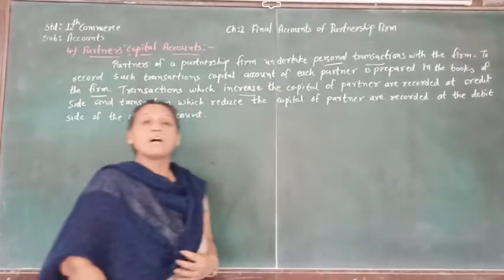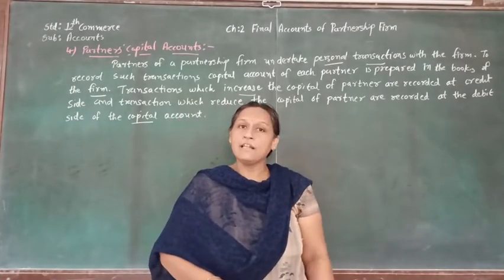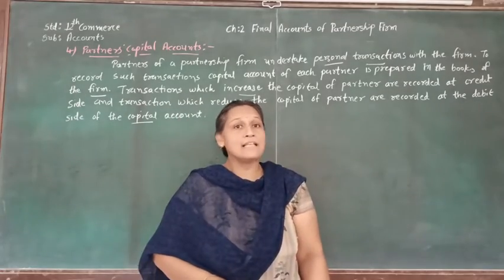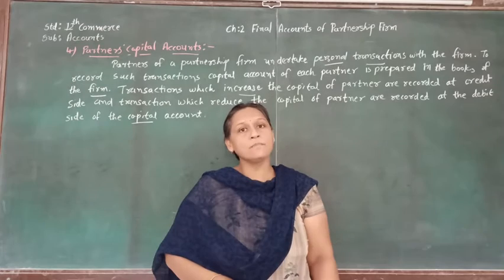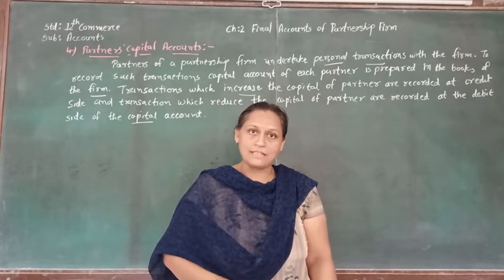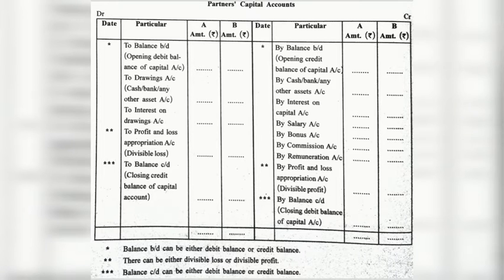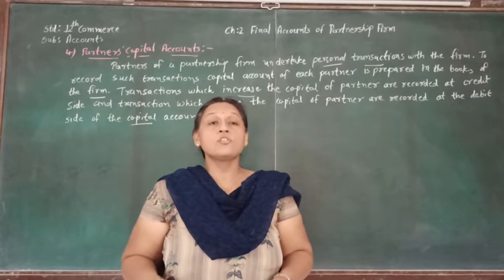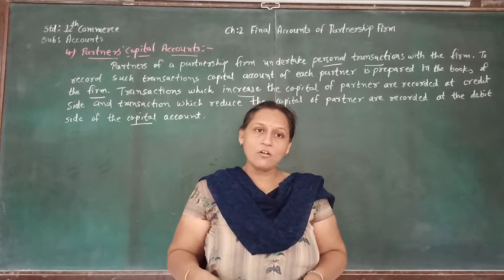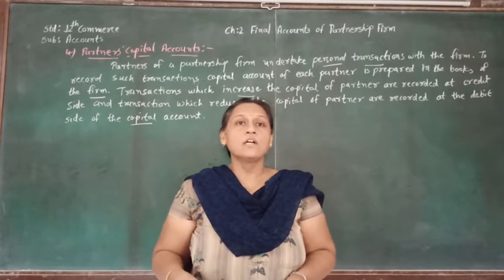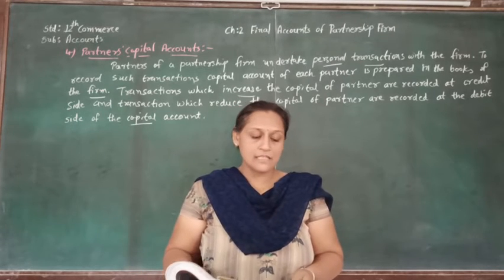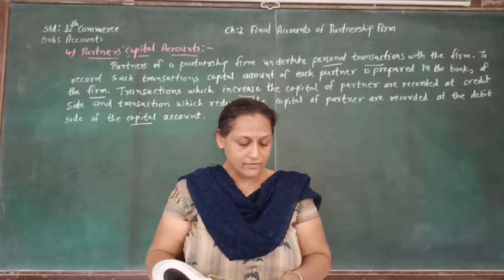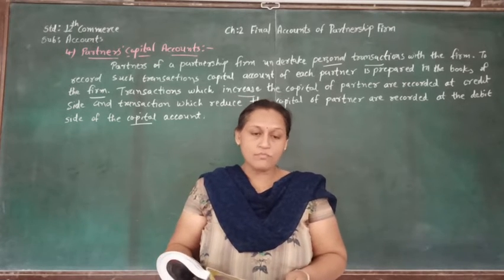So this is how we have to prepare the capital account. Very first, let's see the specimen of partners capital account under the fluctuating capital account method. Okay, so here, on the debit side, the very first thing given to us is balance brought forward.